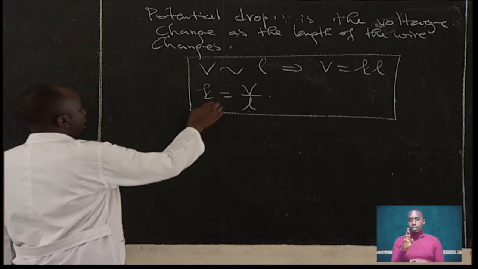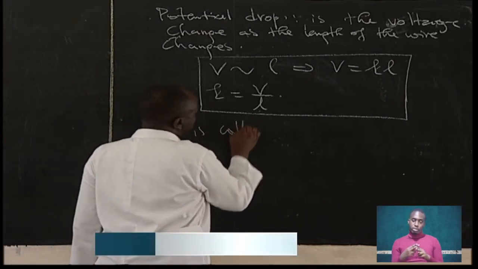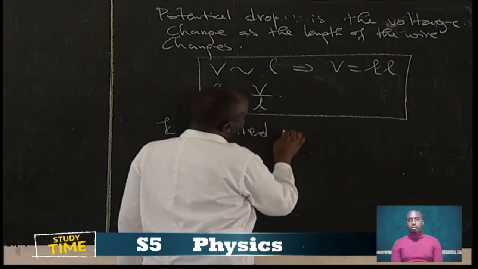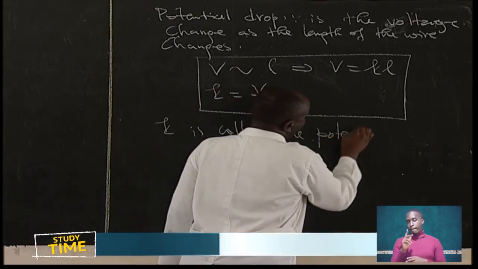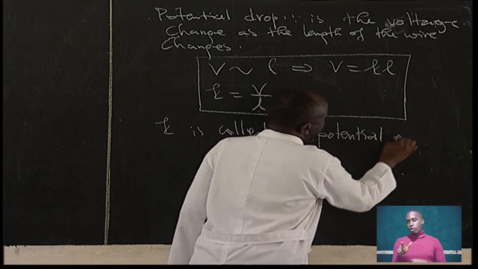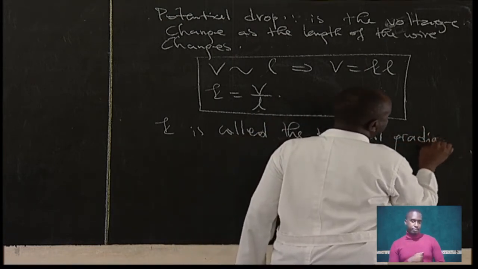But now here we have this K is called the potential gradient.